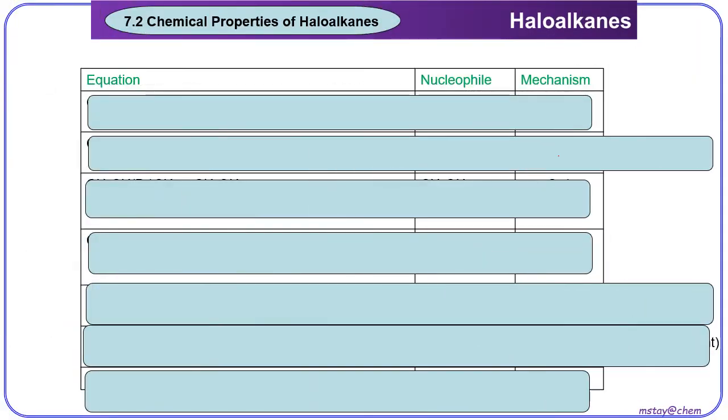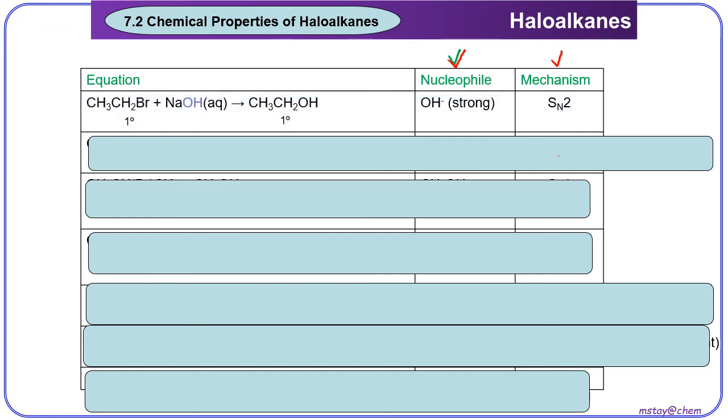Okay, now let's look at the question to decide whether the nucleophile given in the question is a strong nucleophile or weak nucleophile, and then we are going to carry out Sn1 or Sn2. Look at the first one. The haloalkane is primary haloalkane, and NaOH is the strong nucleophile, and then produces primary alcohol.